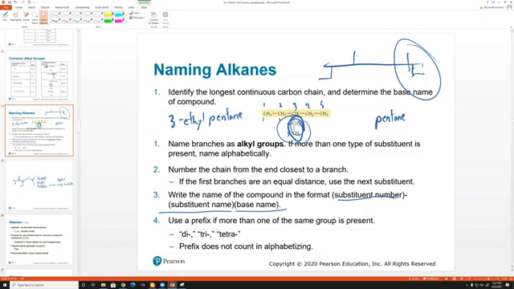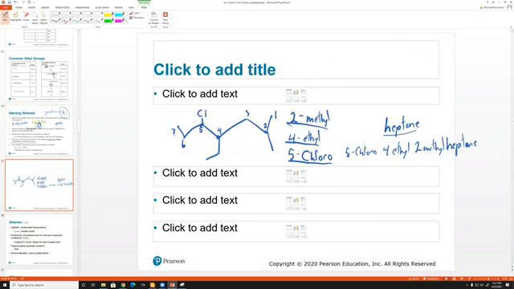So something else that doesn't count for the alphabeticalness is the prefixes. So we did not encounter, let's say we had a chlorine here and a chlorine here. Let's say we did that, right? The name would be 3, 5, 5 trichloro 4-ethyl 2-methyl heptane.